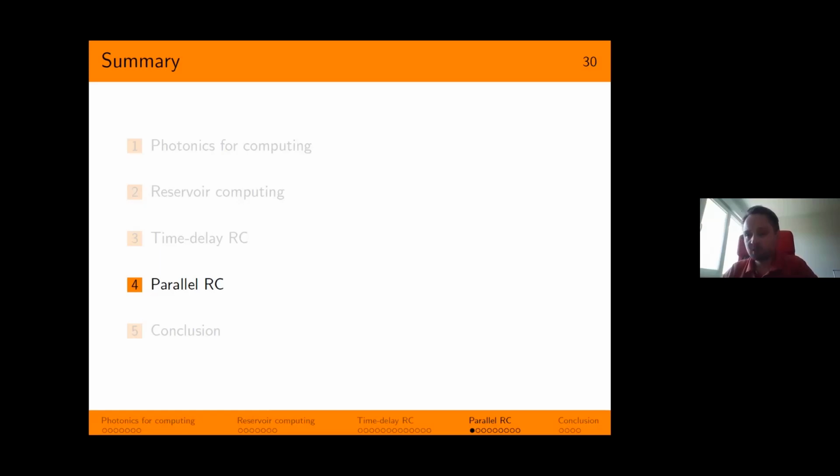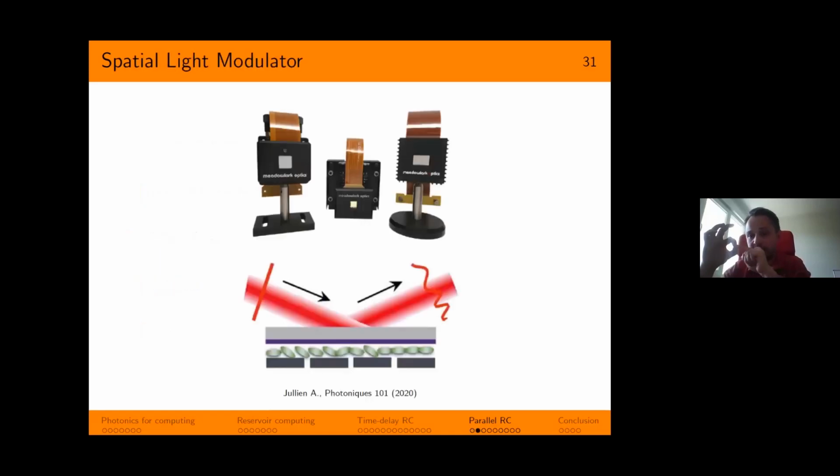But now we need one that acts on the entire cross-section of the beam, and that can act locally at different points of the beam, and that's called a spatial light modulator, or SLM for short. It looks like a device like this with a small screen, and it can modulate different properties of light, such as phase, intensity, or polarization, in different places of the beam.